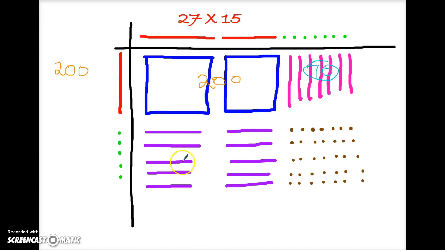And 10, 20, 30, 40, 50, 60, 70, 80, 90, 100. So that's a total of 170 for our tens. And 7 times 5 will be a total of 35.